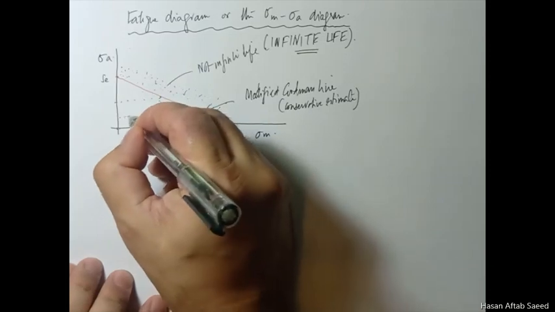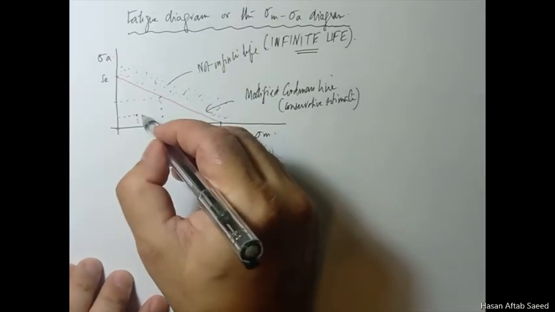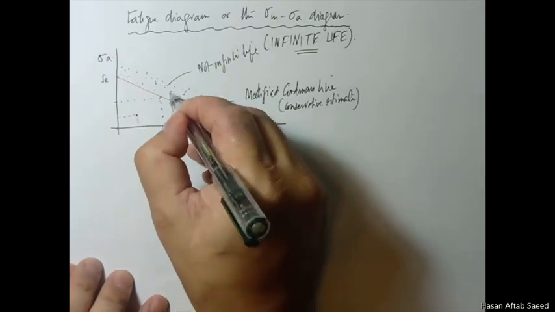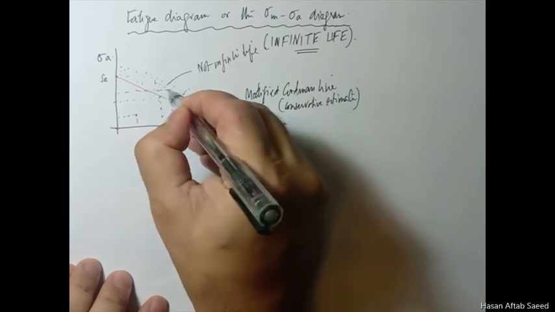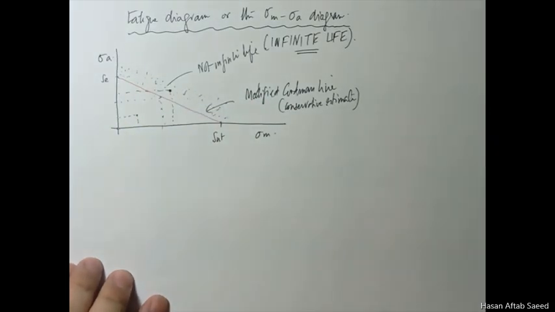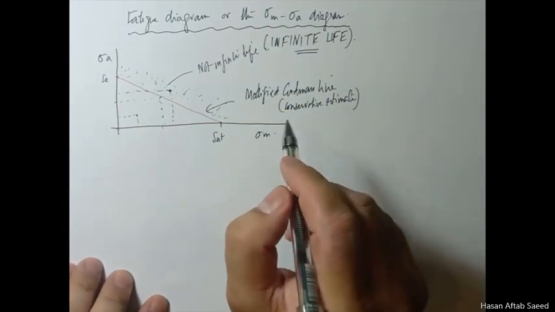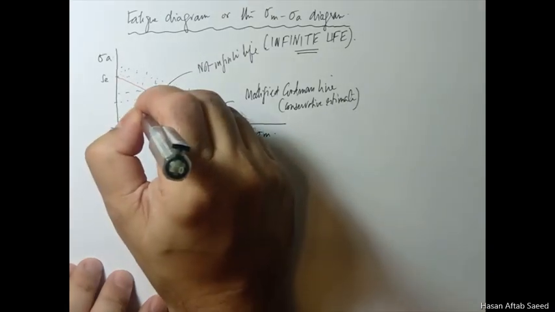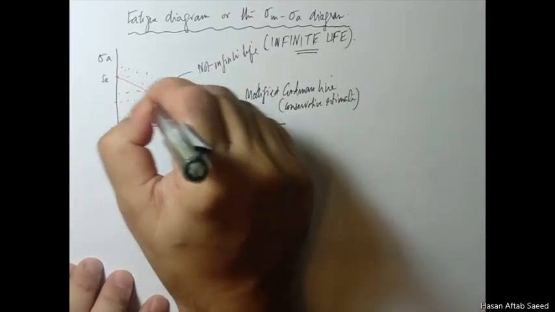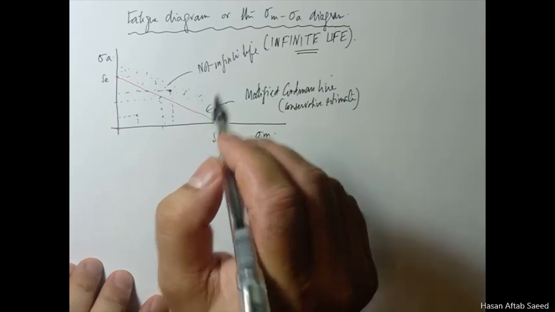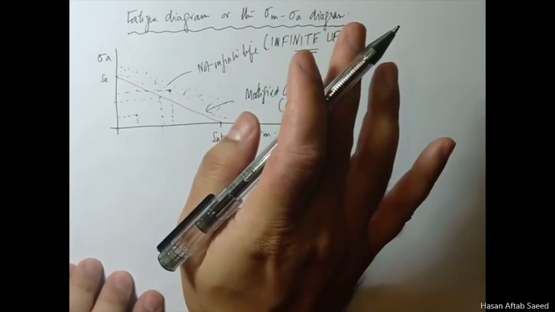This point here, no problem, this is infinite. But the moment something plots above this red line, it doesn't give you infinite life. So this line differentiates between infinite and finite life. You would be tempted to think that any point that plots under this line should be okay from the fatigue point of view.